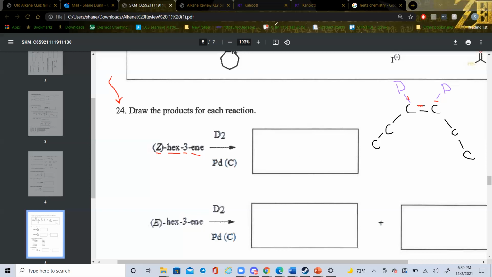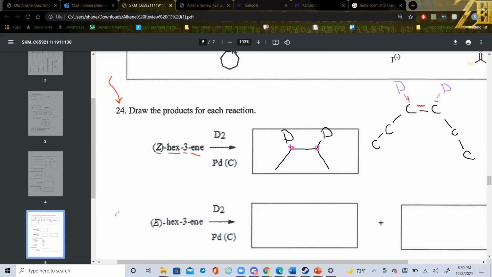Here's what the molecule would look like as a Lewis dot structure, with a D coming off here and a D coming off here. Since it is symmetrical, it is meso, meaning there's only one way to do it. So there is no chirality and there are no enantiomers.